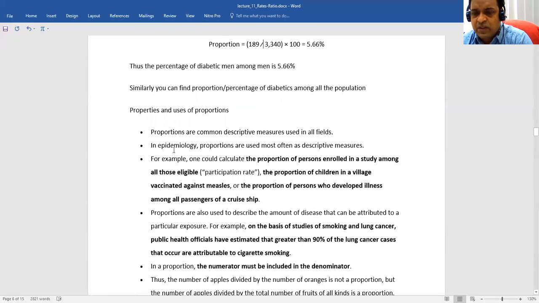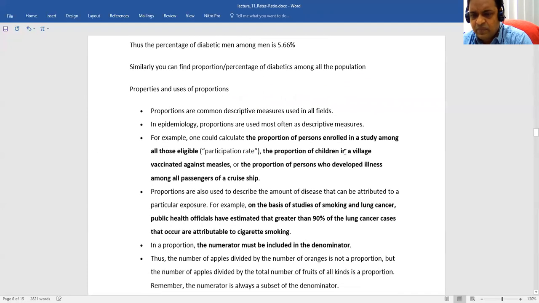So there are some examples of a proportion. The proportion of persons enrolled in a study, eligible persons in a study. So among the total population, you can find how many persons enrolled in a study. The proportion of children in a village vaccinated against measles.